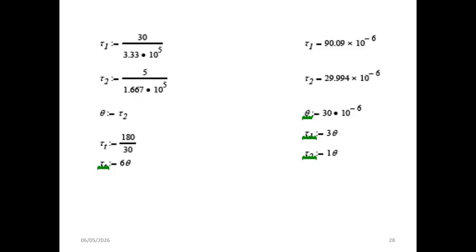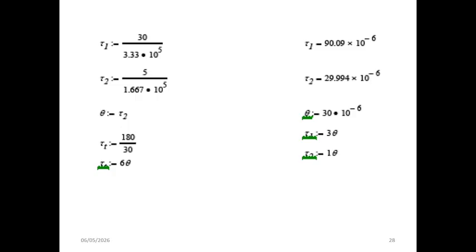For line 1, the travel time is approximately 90 microseconds, while for line 2, it is about 30 microseconds. These values represent the time required for a traveling wave to traverse each line once.